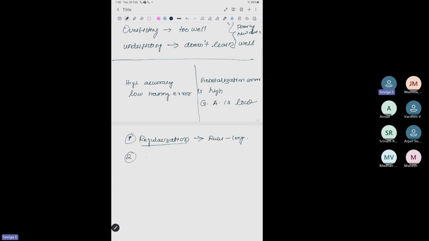The second step is stopping the training. Whenever we are about to flip into the memorization process, we should stop the training then and there. These are the two techniques which can be used to avoid overfitting.